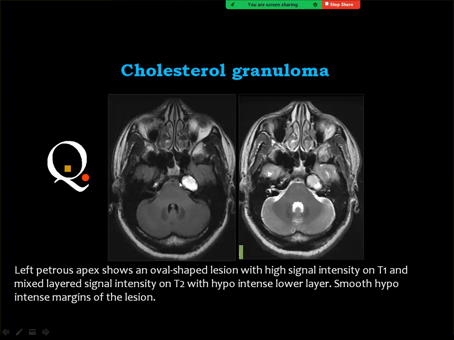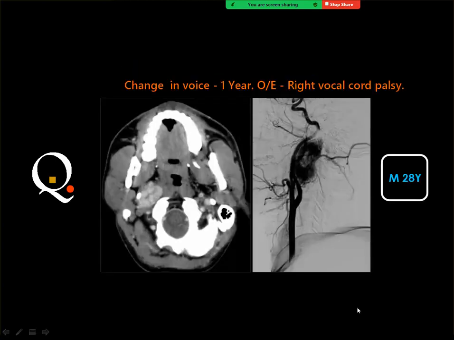You see a cystic lesion of high signal intensity in the apex of the petrous bone, and this lesion is of high signal in T1, T2, and FLAIR images. It does not enhance with contrast, and this is the typical site and the typical signal of cholesterol granuloma.